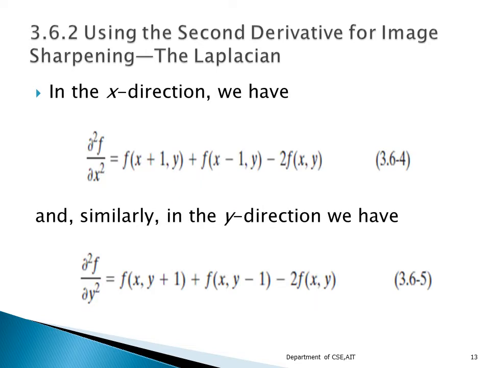Considering this equation individually for the x direction, we get the formula 3.6.4, and for the y direction we get 3.6.5. These are based on the second order derivative equations. In this case I am going to combine both variables, the x direction as well as the y direction, so combining this we get the equation for a second order derivative in terms of the x and y values.